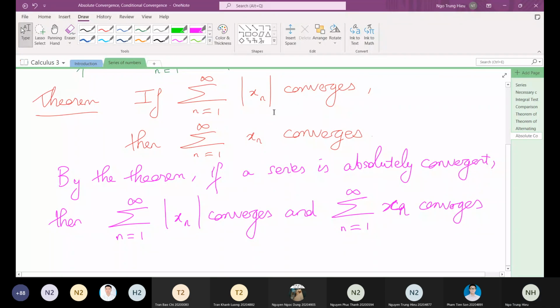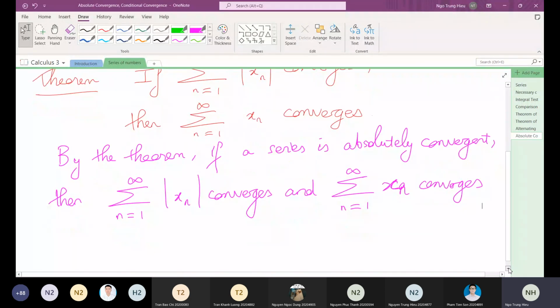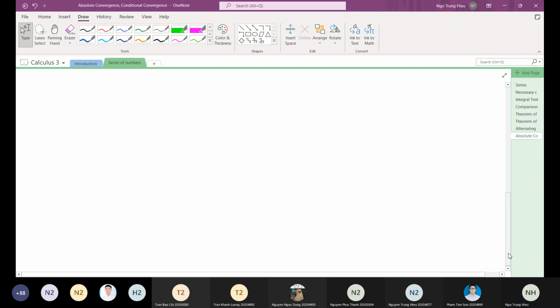So if the absolute series converges, then the normal series converges. However, there's a case where the absolute series diverges, but the normal series converges, right? So let us make an example. There's an example that we see later.